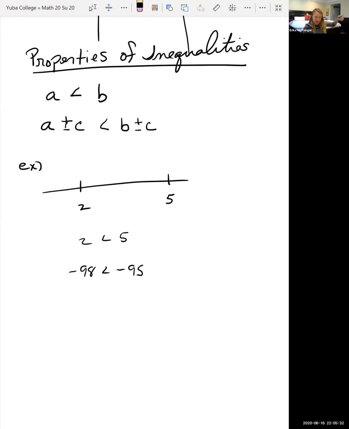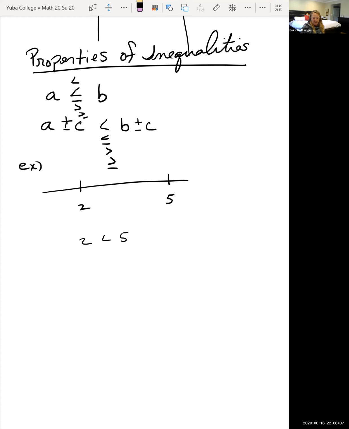It's more to the left on the number line than negative 95. If I had added 100, 102 is still less than 105. So anything that we do, adding and subtracting, is not going to change the direction of your inequality. Same thing if that had been greater than. All of those symbols would have worked.